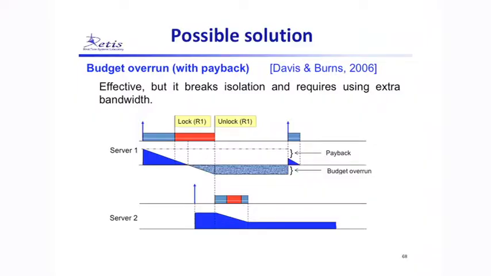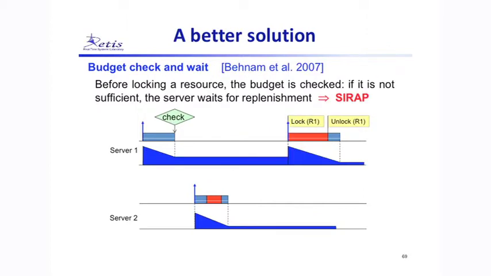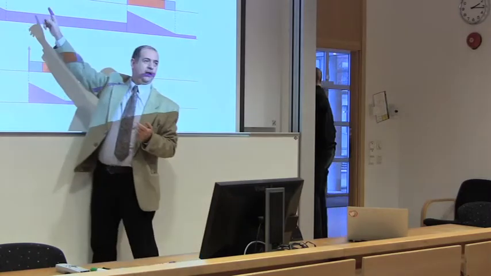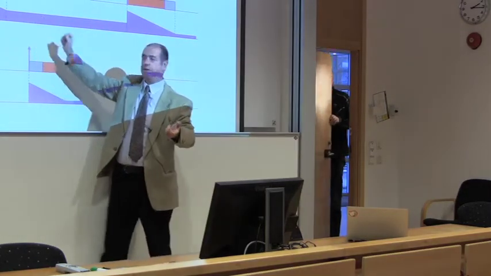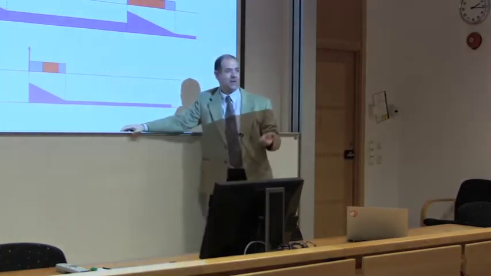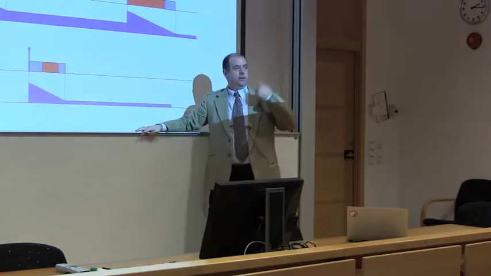One is to allow the budget to overrun, but this breaks the reservation, so this is not safe because basically you are using extra bandwidth than you are allowed. Or there are other approaches that perform a budget check before entering the critical section. So if you don't have enough budget, then you wait for the next period.